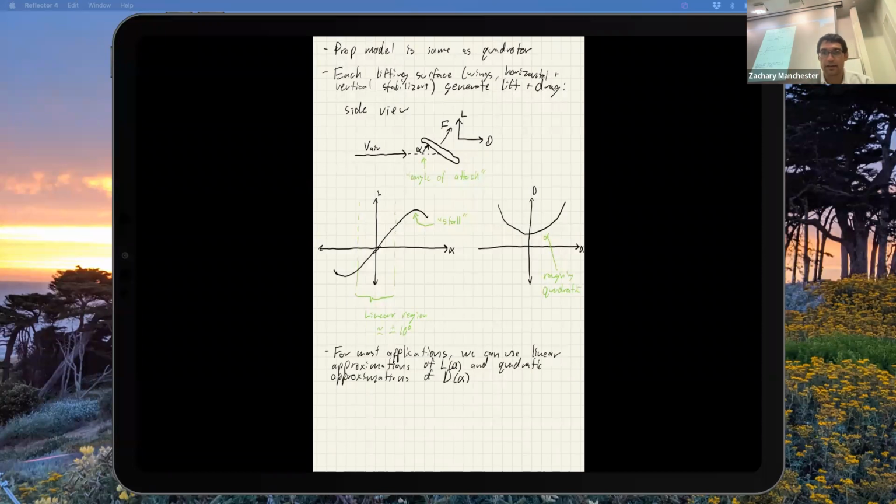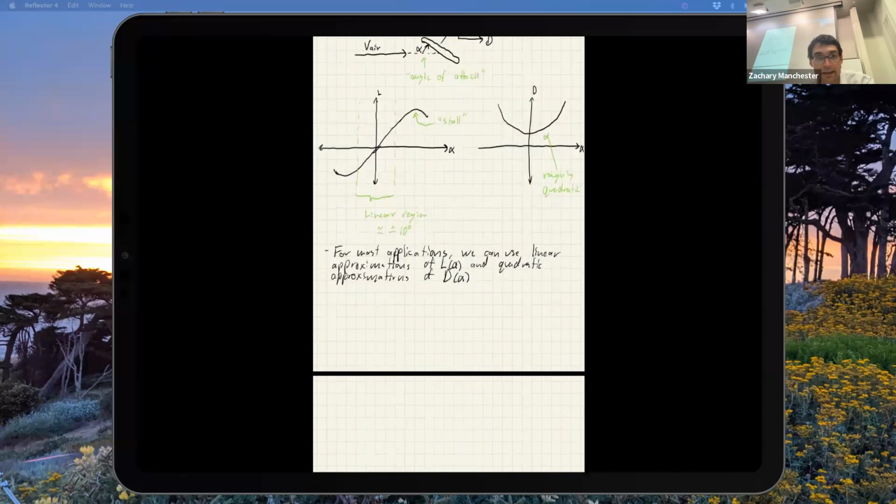So the total force looks like this. I'll write this down. We'll talk about what all these things are.